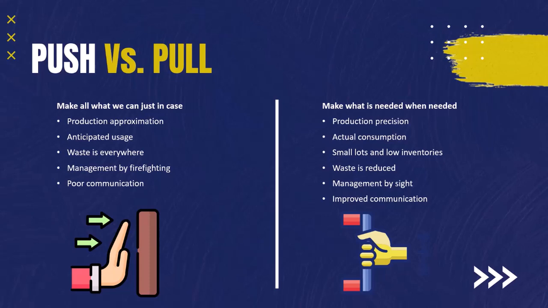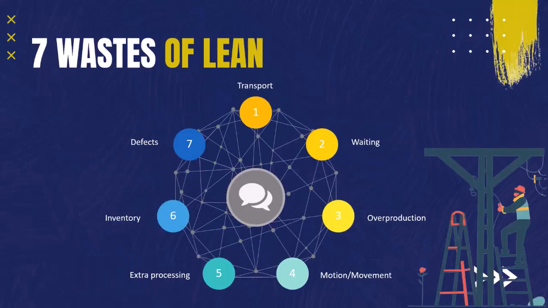So now we know the 5 principles of lean. So what about the 7 wastes that lean aims to eliminate? The 7 wastes of lean are the following. First, transportation, which is the wasted time going back and forth between the maintenance area and the store looking for spare parts or looking for information.